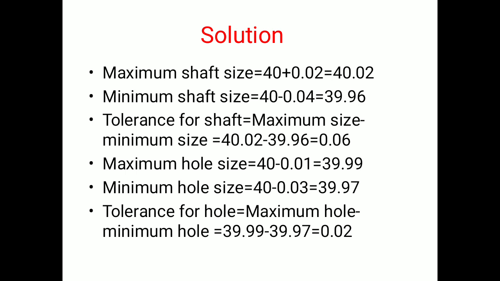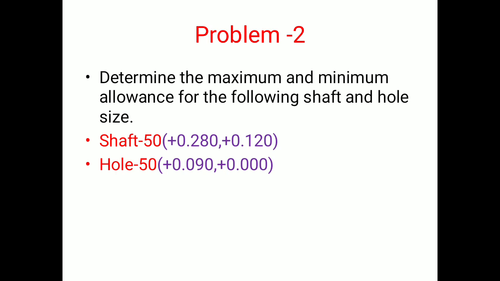Now the tolerance for the hole will be equal to maximum hole size minus minimum hole size, that is 39.99 minus 39.97, that will be equal to 0.02. So we have found the tolerance as well as the maximum size and minimum size for both the shaft and the hole. Now problem number 2.